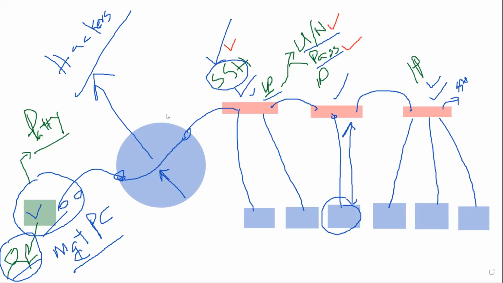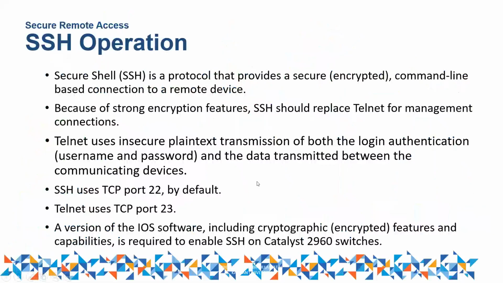Okay, guys. So we understand the further things. Now let's try to understand the port numbers which are used by SSH and Telnet. Dear students, SSH uses TCP port 22. Okay, 22 is the default port of SSH, whereas Telnet uses port 23. Port means what?